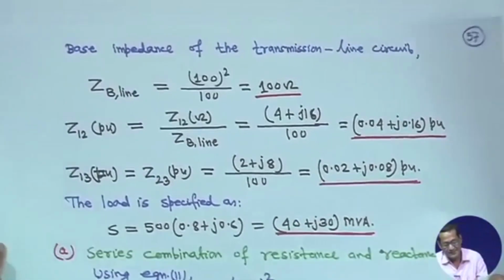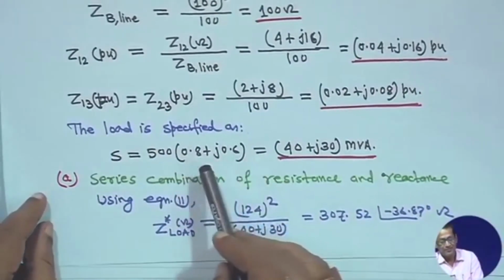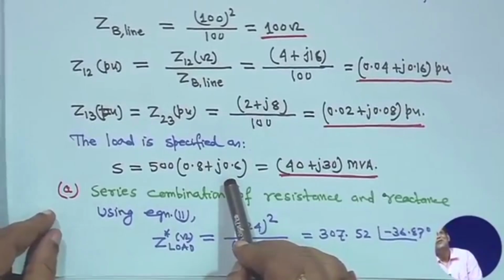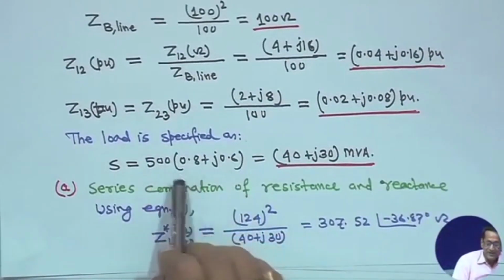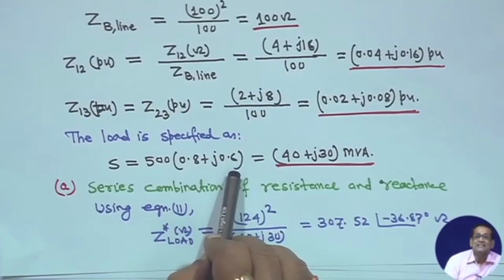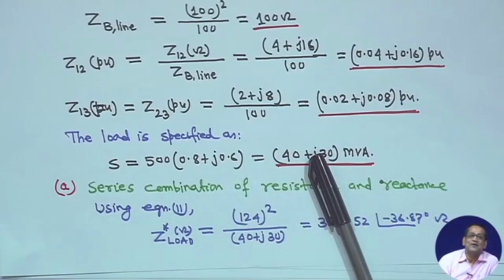Now, the load is specified with 0.8 power factor lagging, right. So that is why it is 0.8 plus j0.6. Listen to one thing: if lagging power factor is given for the load, it means the load is consuming power from the source.